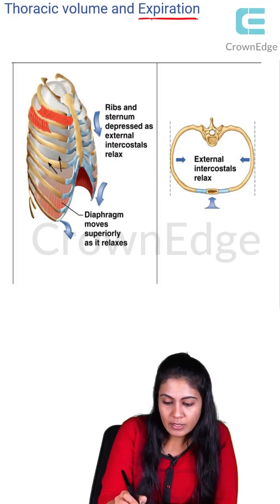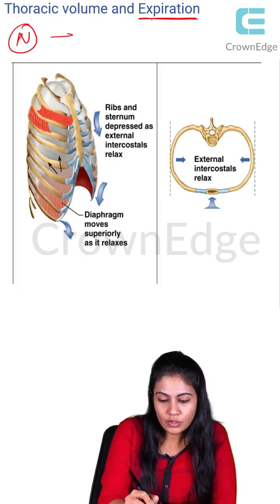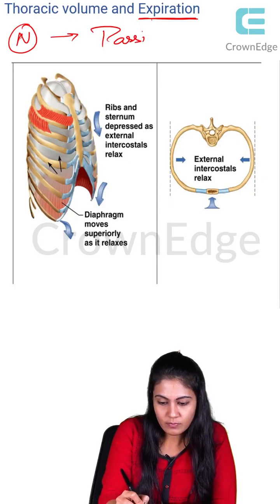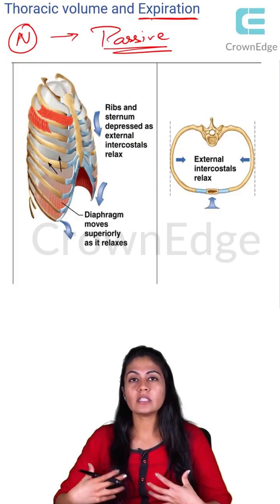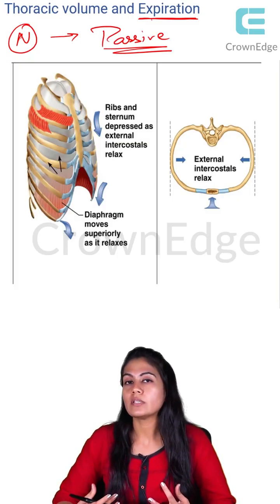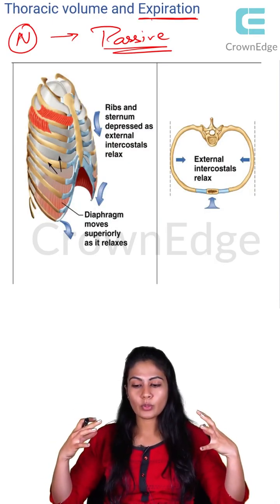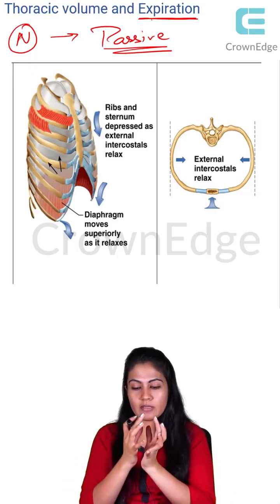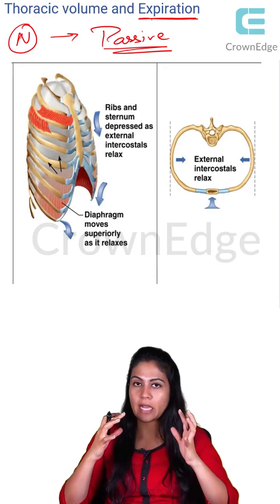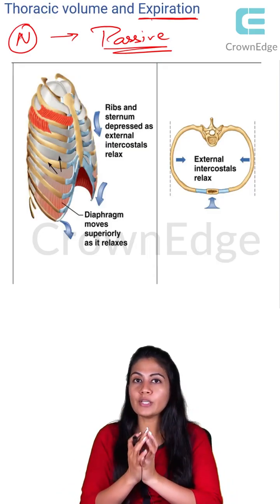Remember, normal expiration is a passive process. It happens because the intrapleural pressure is increased now, right? And the alveoli create surface tension. Once they are stretched, the stretch receptor is activated and they want to recoil.